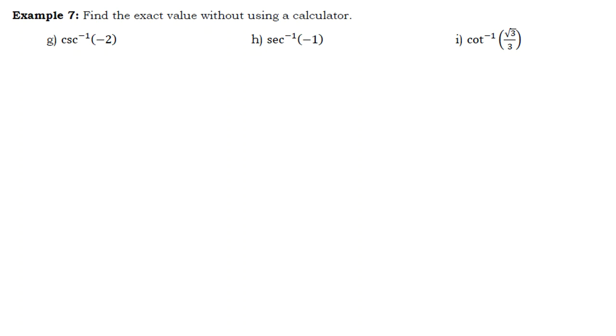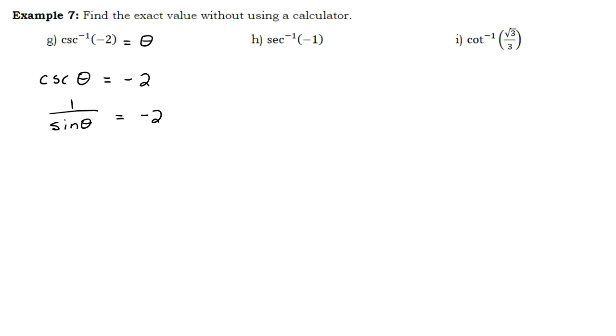This question is asking us what angle, the answer to this is going to be some angle, where the cosecant of that angle is -2. That's what we're trying to figure out. So what we're going to use is our reciprocal properties. If the cosecant of that angle is -2, that means that 1 over the sine of that angle is -2.